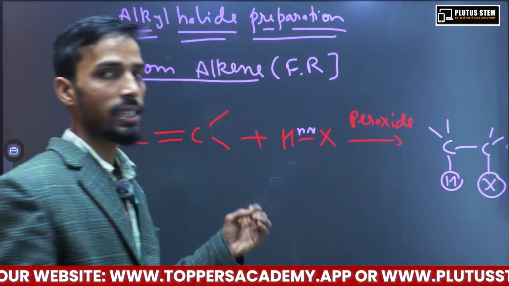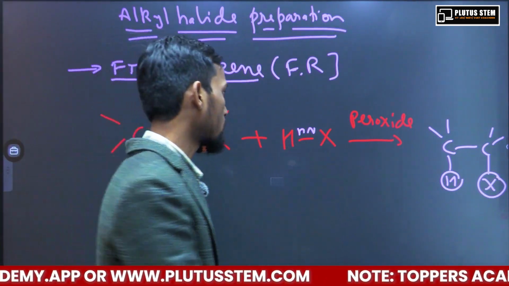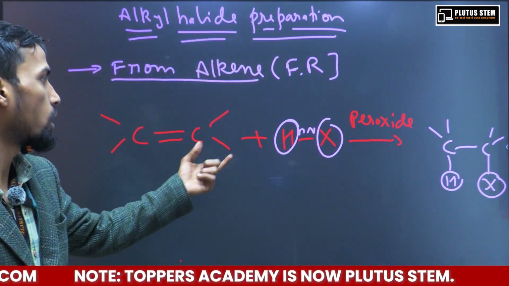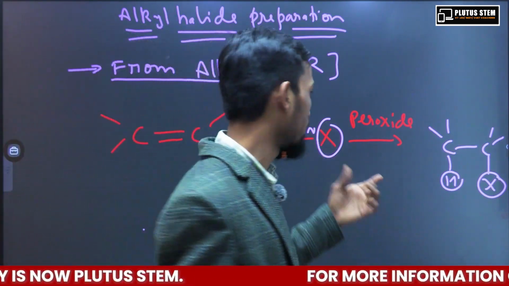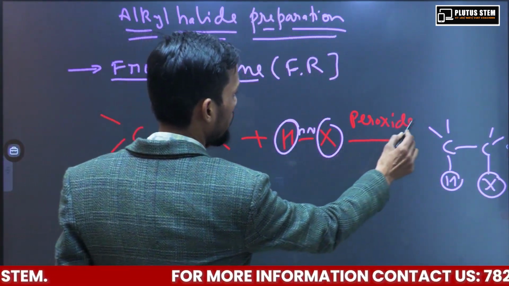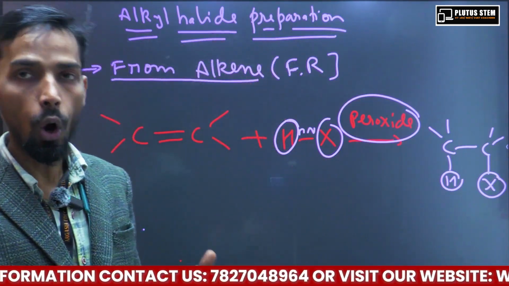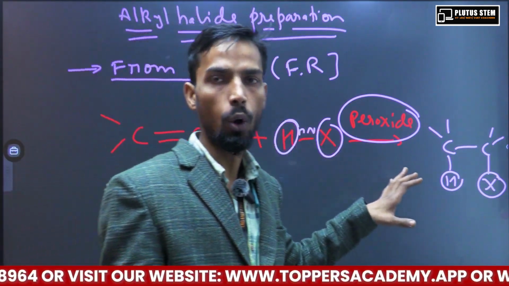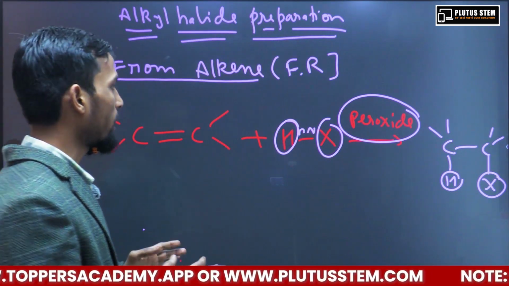But the same question arises: where are we going to add this H, where are we going to add this X, and is there any possibility that all these HX will do a similar type of reaction in the presence of peroxide, or will they behave differently in the presence of this peroxide? That we are going to discuss in today's lecture.